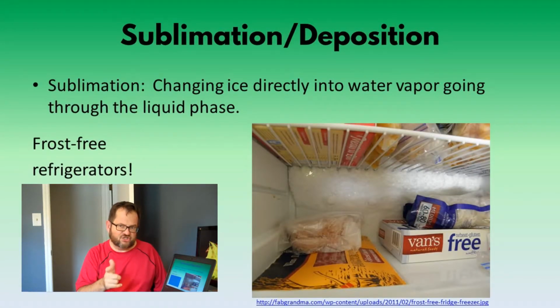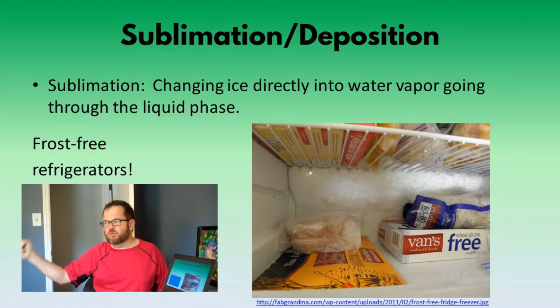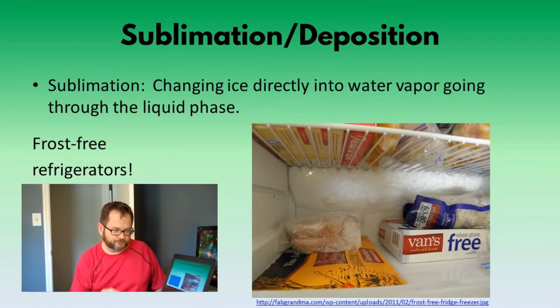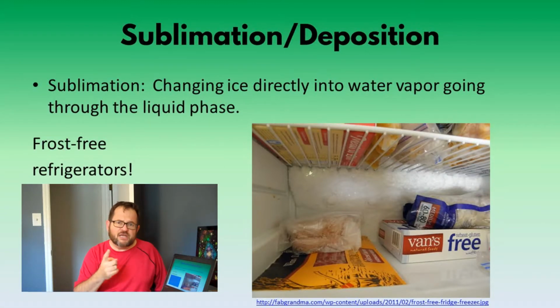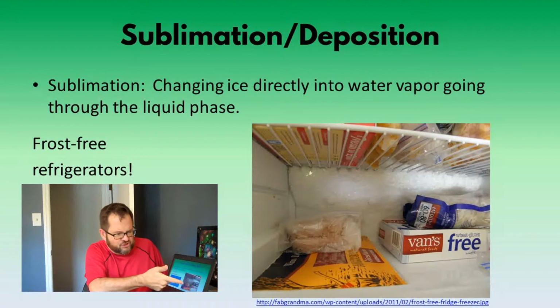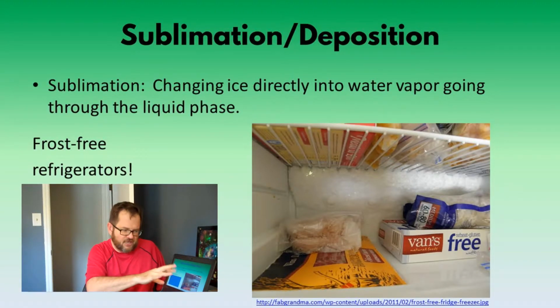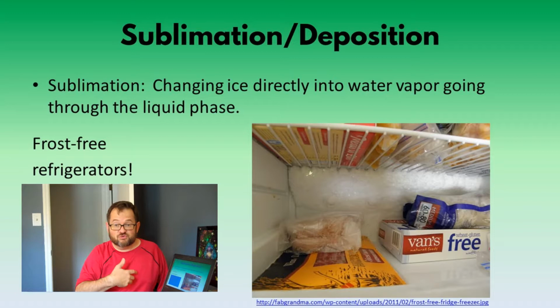The opposite of deposition is sublimation. And sublimation is when you change ice directly into water vapor without it ever being a liquid. In your day-to-day life, the best example of this is a frost-free refrigerator. Older refrigerators tended to not be frost-free, and water vapor that got into the freezer tended to form big blocks of ice in the back of the fridge, and periodically you had to clean that out. Newer refrigerators are generally frost-free.